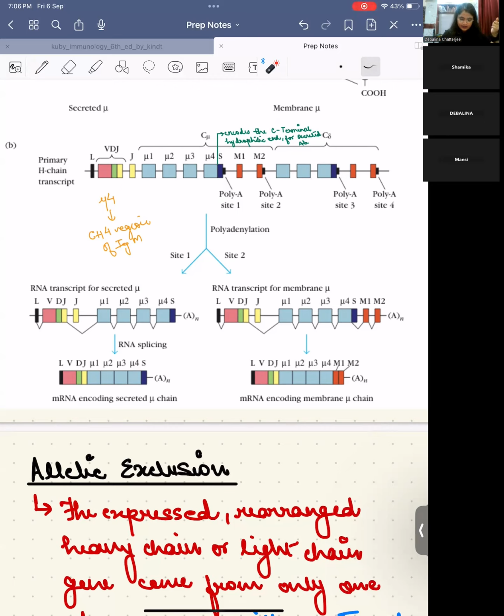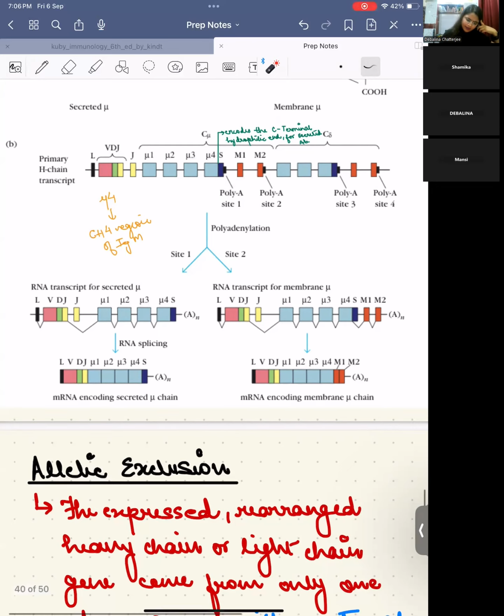The other possibility is, there are sequences called M1, M2, and we can have another polyadenylation site here. So this M1, M2 sequence is ultimately going to be your transmembrane domain.